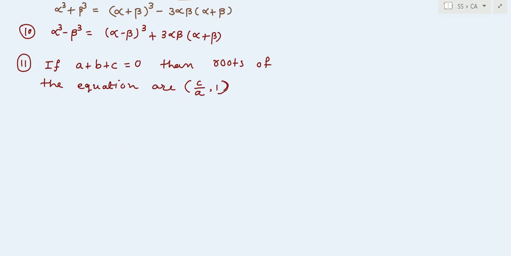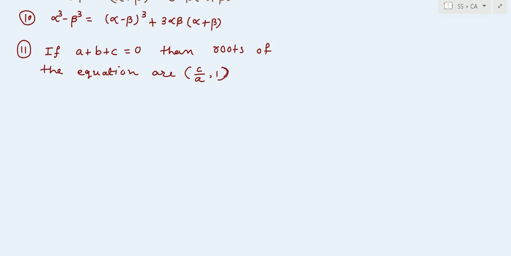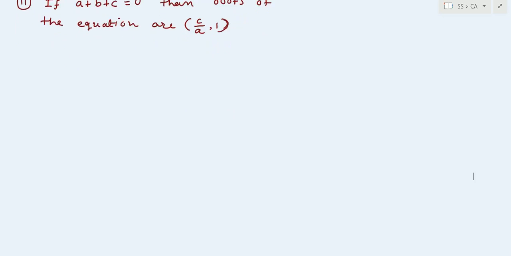12 નંબર. Number is irrational roots occur in pairs.